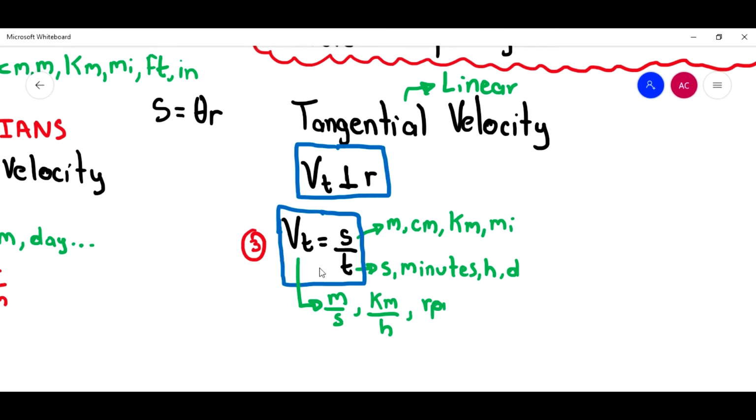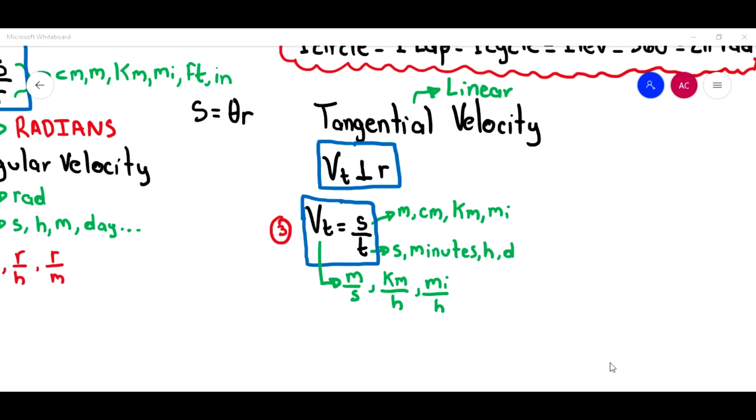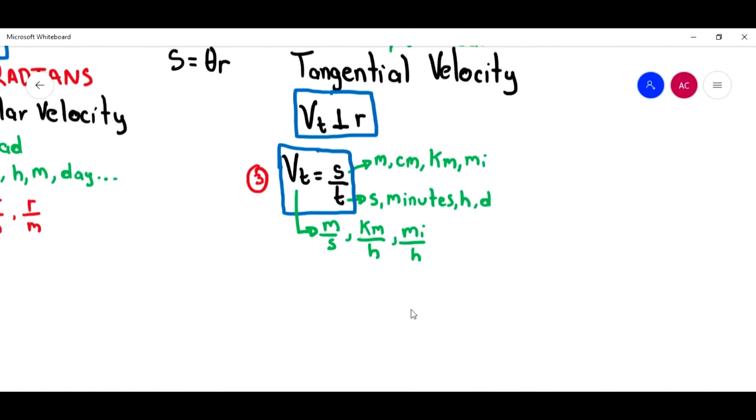RPMs, well, no, RPMs is for another one. Sorry: meters per second, kilometers per hour, miles per hour. I hope you understand, you got the idea. So that is the third equation, but that equation could be written as follows.